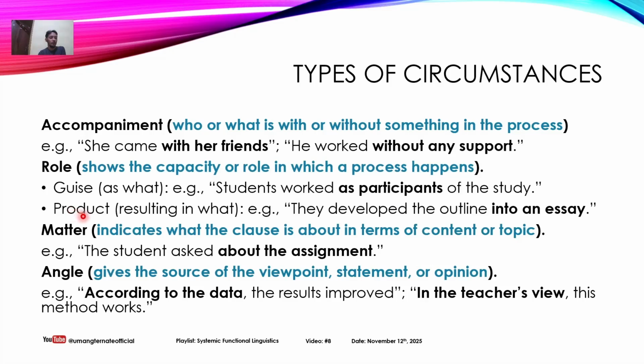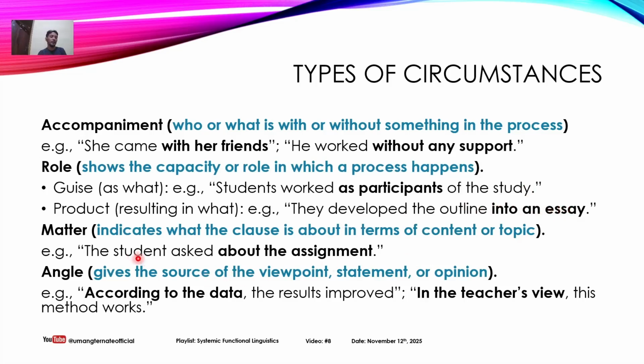And then the second one is the product, resulting in what? For example, they develop the outline into an essay. So the process of developing the outline results in the essay.